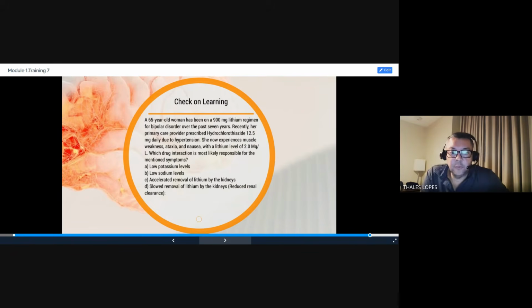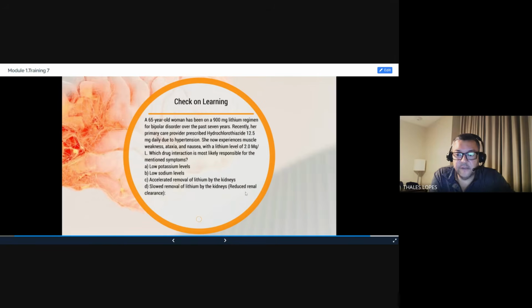Can someone please read this question? Any volunteers? No? I'll read it. Okay, please go ahead, Mavis. A 65-year-old woman has been on a 900 milligram lithium regimen for bipolar disorder over the past 7 years. Recently, her primary care provider prescribed hydrochlorothiazide 12.5 milligrams daily due to hypertension.